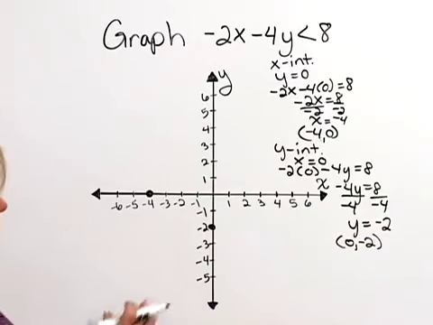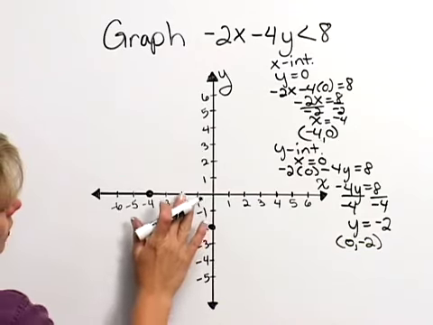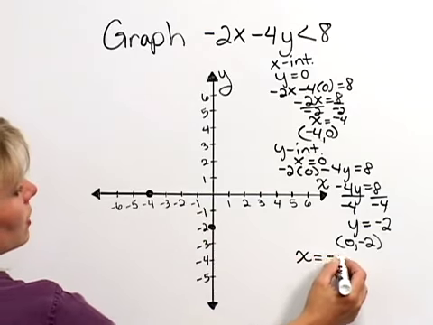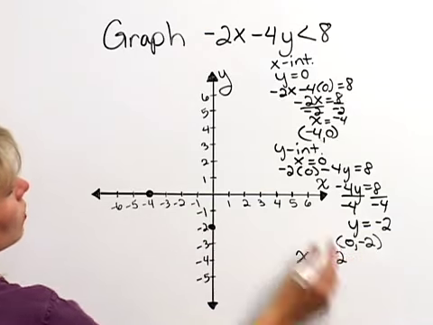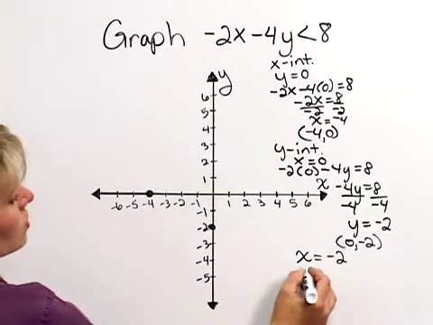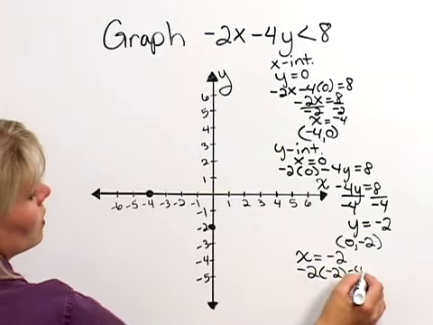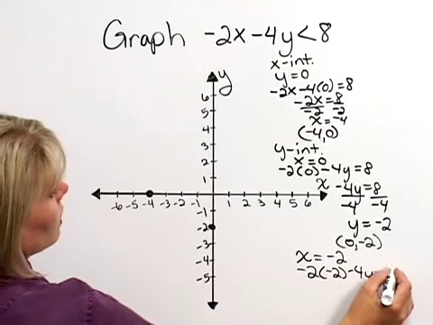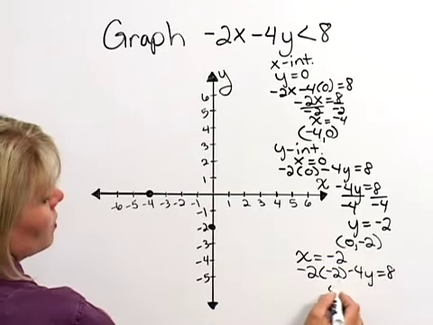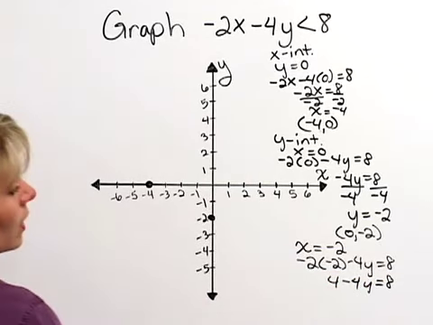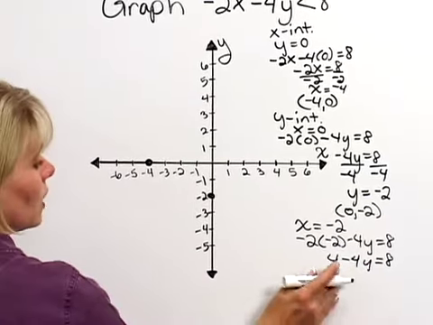Let's find one more point. How about the point when x is negative 2? So if I do x equaling negative 2, replacing that with negative 2, I get negative 2 times negative 2 minus 4y equaling 8. This makes 4 minus 4y equaling 8. Subtract 4 from both sides.